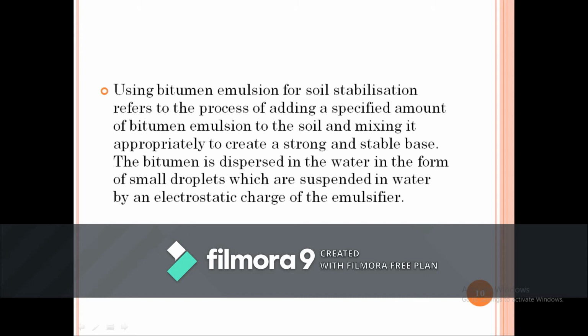How do you make it? You allow the bitumen to be suspended in the emulsion, in the suspended state in water, along with the electrostatic charge of the emulsifier. How is it going to be in a suspended state? Because of the charge of the emulsifier.